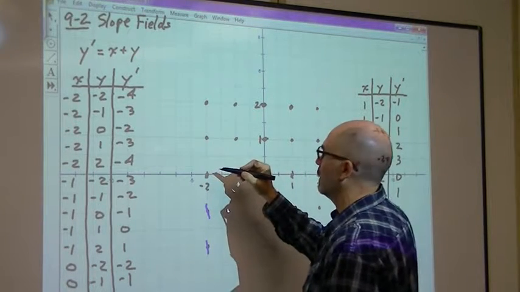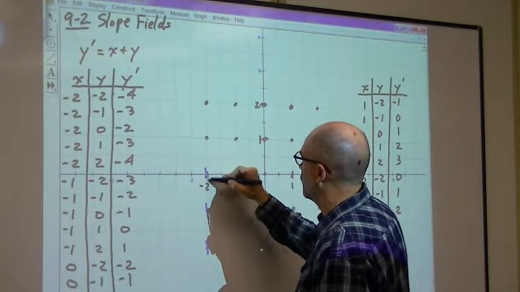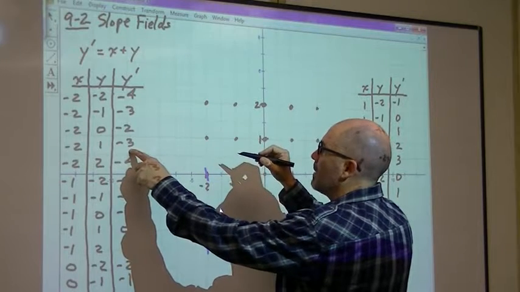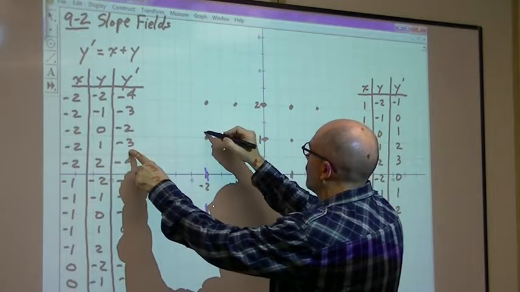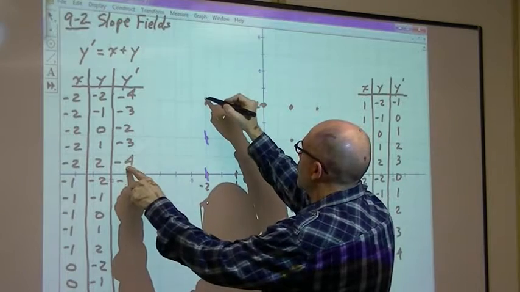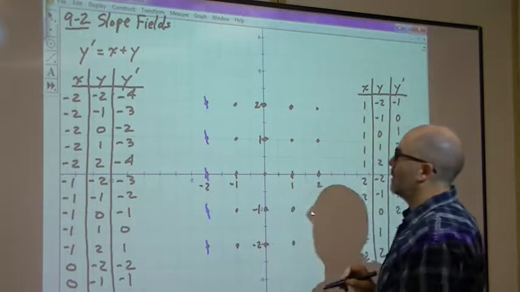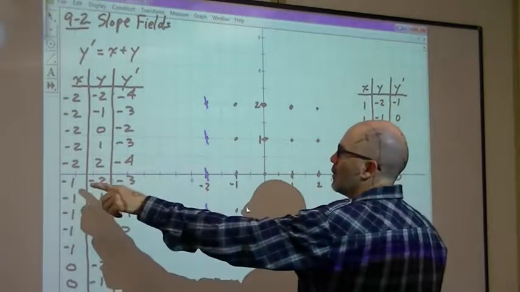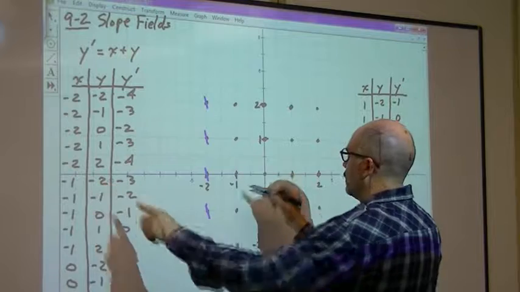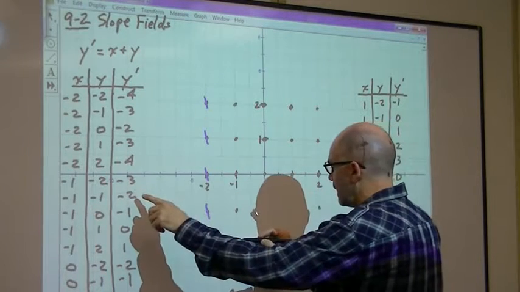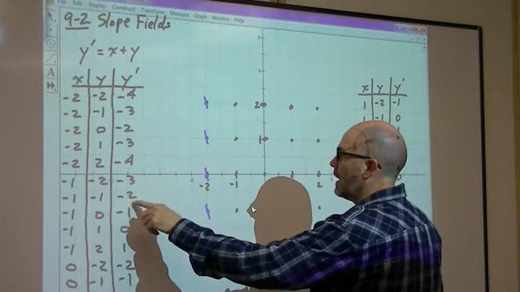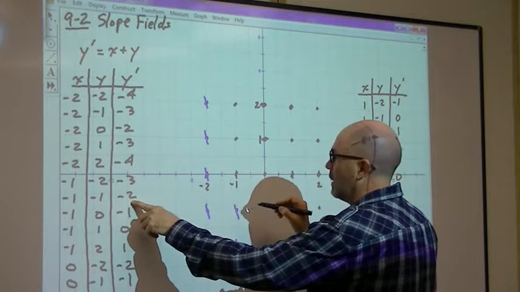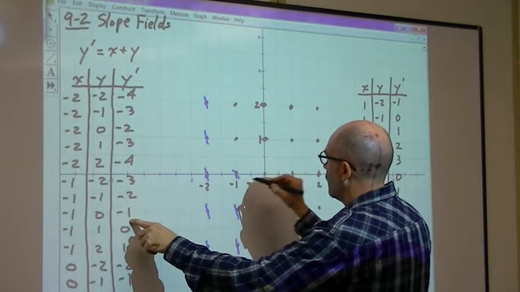Then this is -2, and then we're back up to -3, and then back to -4. Like I said, the difference in slopes here isn't that much. Now let's go to -1, -2, and we have a slope of -3 here. Then a slope of -2, and then a slope of -1.